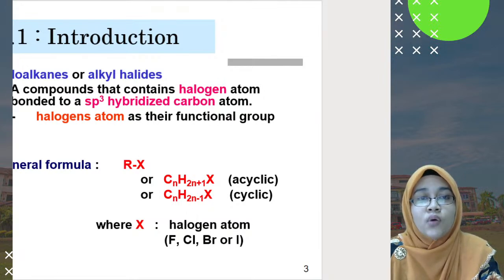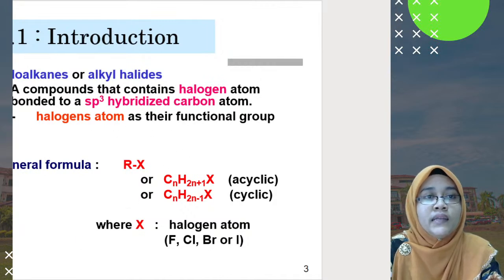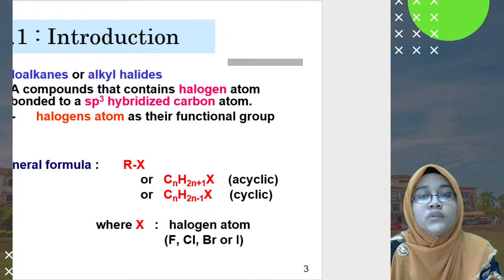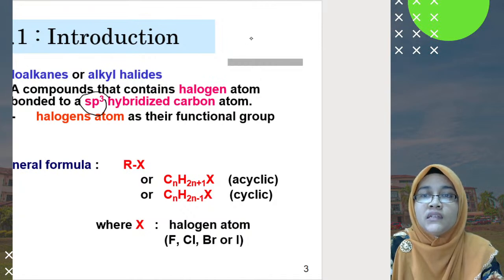So what is haloalkane actually? Haloalkane is a compound, right? Haloalkane is a compound that contains a halogen atom bonded to an sp3 hybridized carbon. Alright. So what does sp3 hybridized carbon actually mean? sp3 hybridized means that this carbon has 4 single bonds.